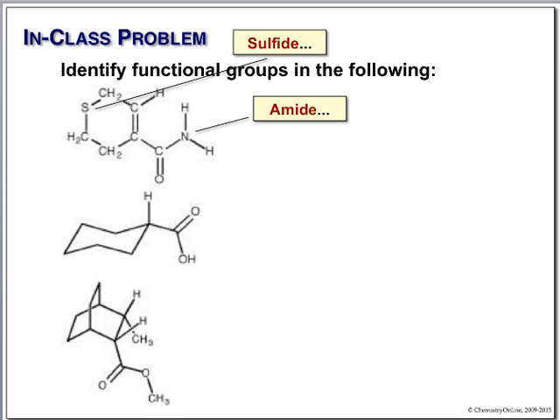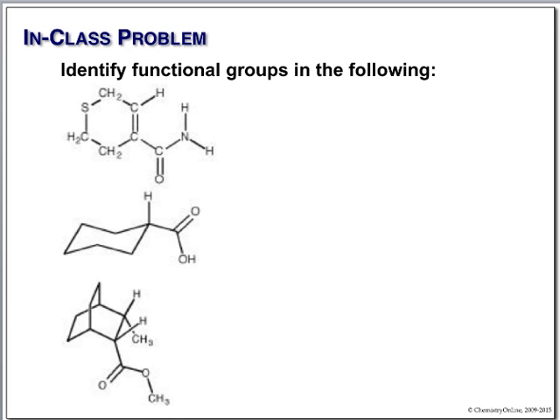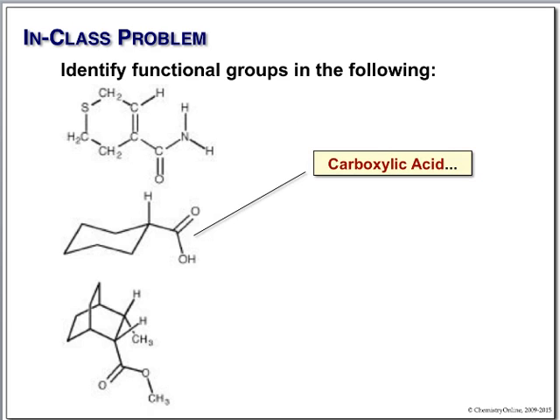Our next guy, this is the other way to write a carboxylic acid. Remember, we abbreviated it as COOH. Here we actually show the carbonyl OH group makes it a carboxylic acid.